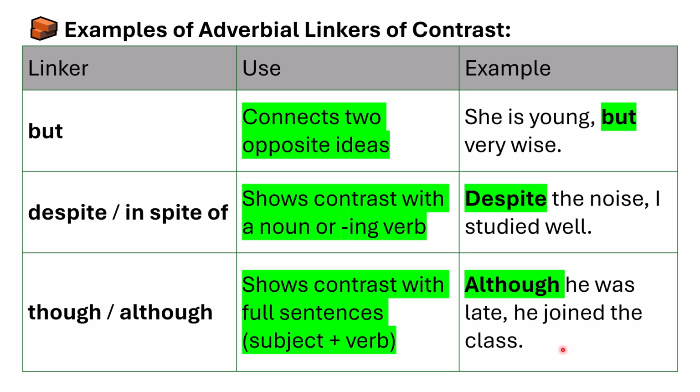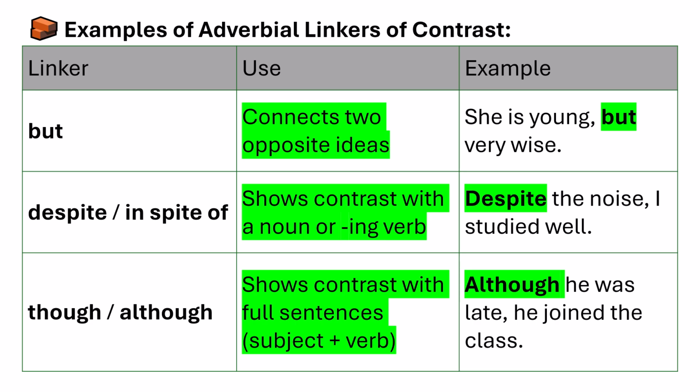He didn't wait to let the class finish and then go. No. So although he was late, he joined the class. In this way we can use the adverbial linkers of contrast. Contrast means it shows the differences or the opposite ideas.